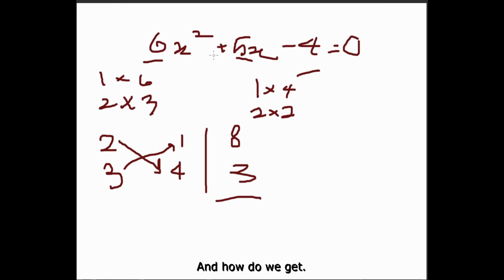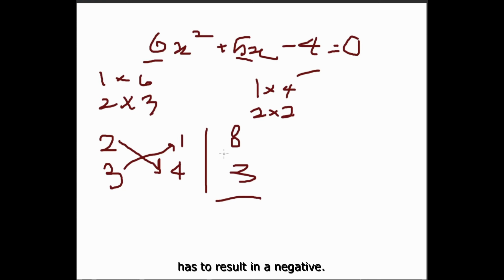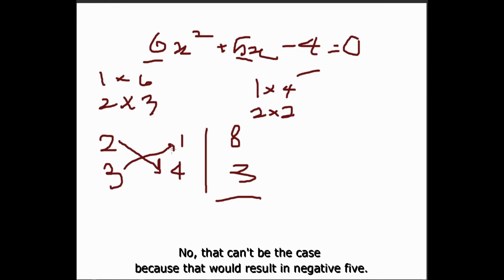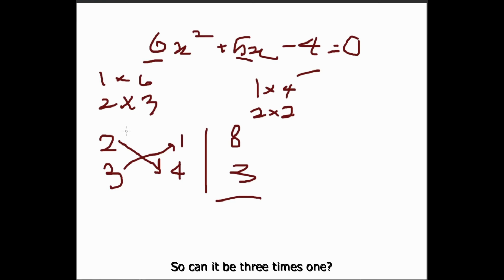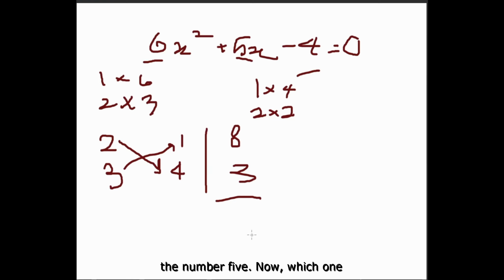How do we get the number 5? Via subtraction, meaning one of these values has to be negative. So 2 times 4, should it be negative 8 plus 3? No, that can't be the case, because that would result in negative 5. So can it be 3 times 1? The answer is yes, because 8 minus 3 results in the number 5.